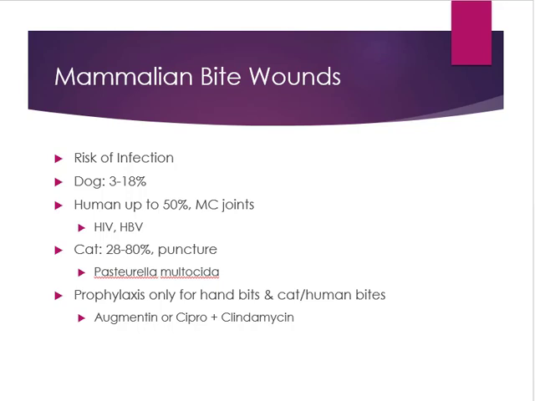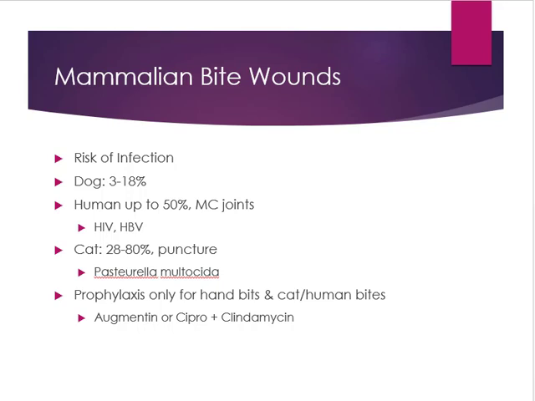So with dogs, we have an increased risk of infection of 3 to 18%. With humans, up to 50%, especially in joint areas. And then also you have increased risk of HIV or hepatitis B. With cats, you have a 28 to 80% risk of infection with a puncture wound because they are known to carry an organism called Pasteurella multocida.